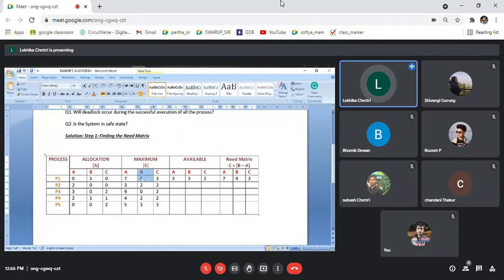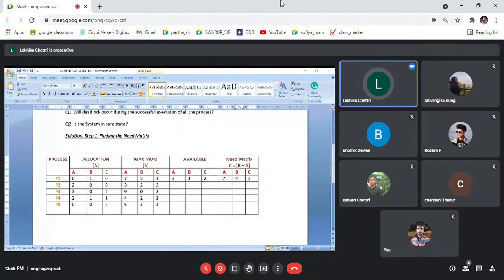Out of 5, it already holds 1 copy of B. So how many does it need now? 5 minus 1 gives 4. That means for it to complete its task, it needs 4 copies. So this is how we calculate the need matrix.